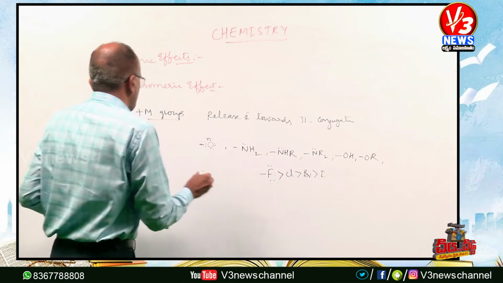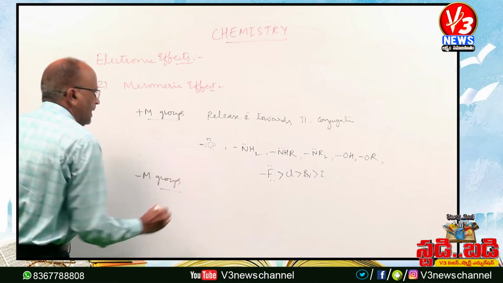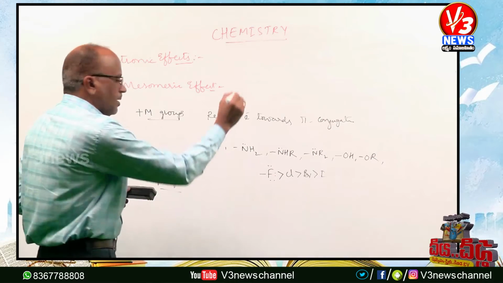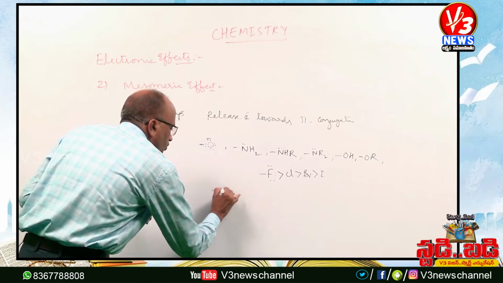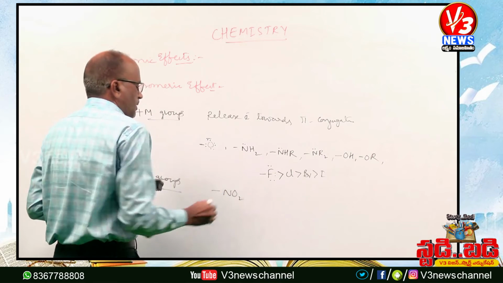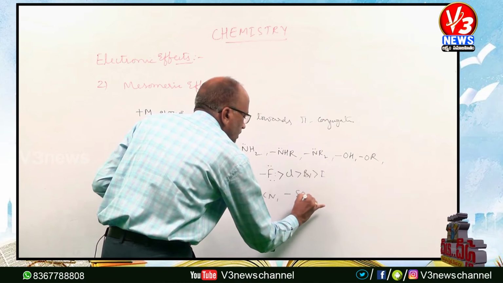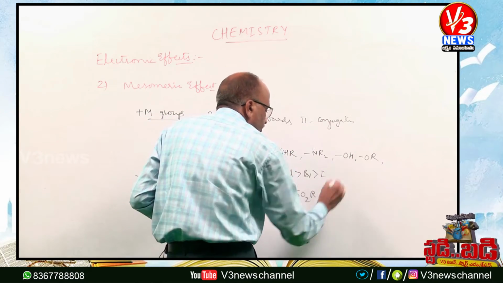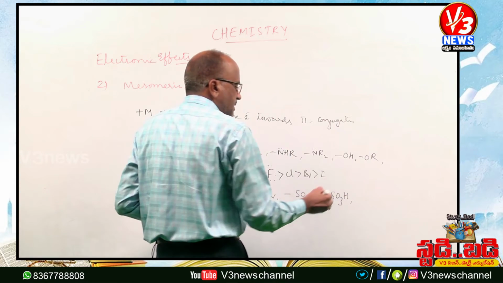Now, minus mesomeric groups withdraw electrons from the pi conjugated system. If we take these minus mesomeric groups: NO2, CN, SO2R, this is a sulfone group, sulfonic acid group SO3H.